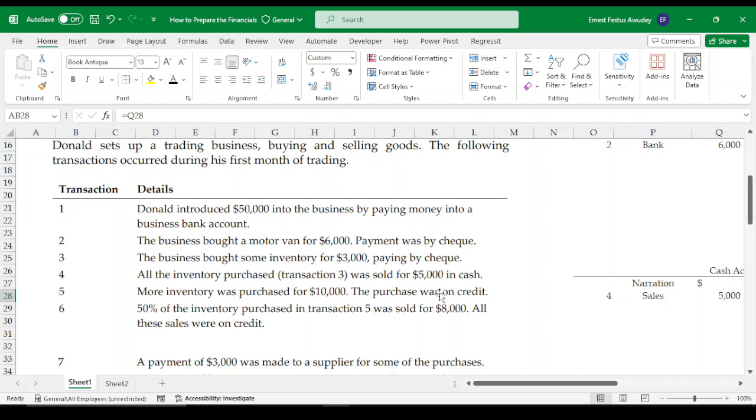Therefore, this has given rise to what we call payables. So we have bought inventories on credit and we are going to pay the supplier of the inventory. Therefore, this becomes a payable. So we are going to open a new account called payables account, and then the corresponding entry is going to our purchases account, which we already have.